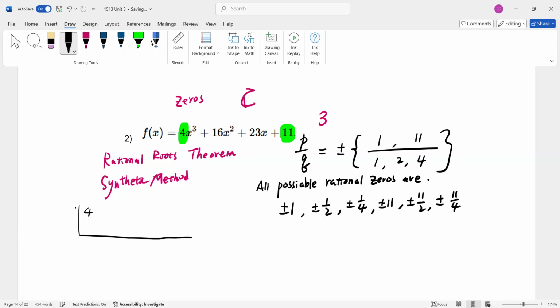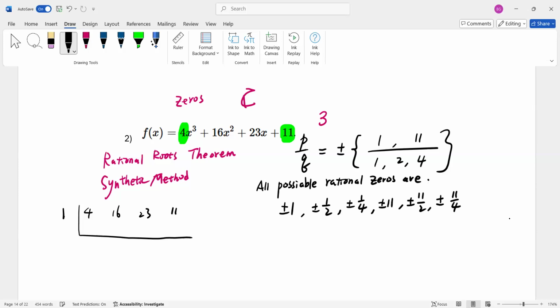We have 4, 16, 23, 11, right? And we're going to try all the 12 possible rational zeros. Sometimes we get lucky. The first couple times we can find it. Sometimes, if you are not lucky, you have to spend a lot of time to figure out which one it is. Okay, let's try 1.